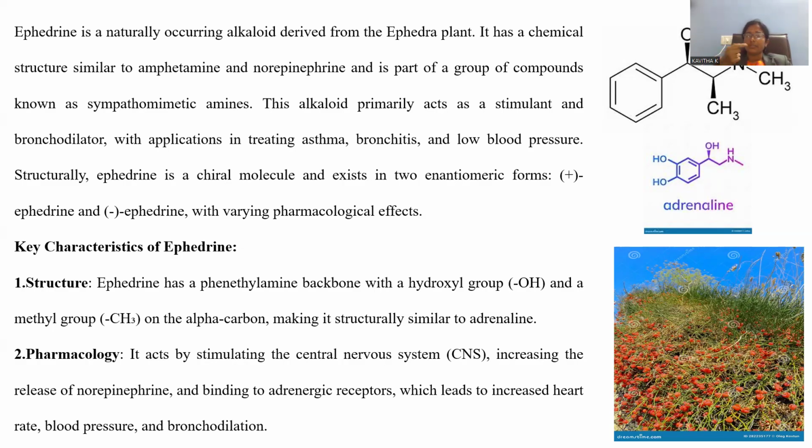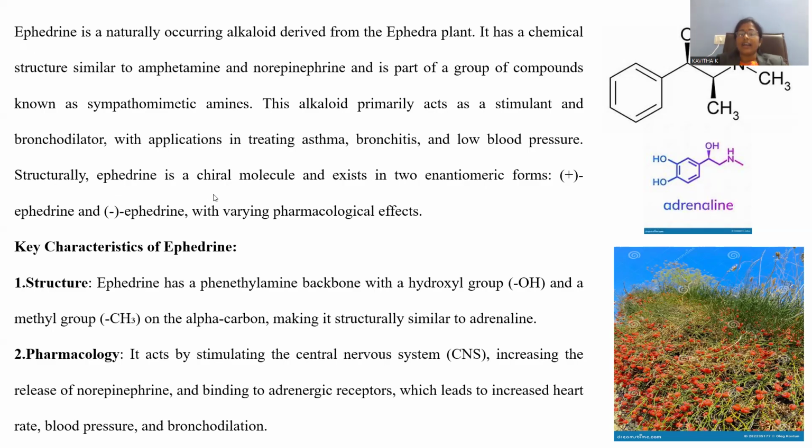If that level is lower than the described levels, that is indicated as low blood pressure or hypotension. If 120 by 80 is exceeded, that is called hypertension, high blood pressure. So the people who are suffering from low blood pressure conditions can also go for medication with ephedrine.